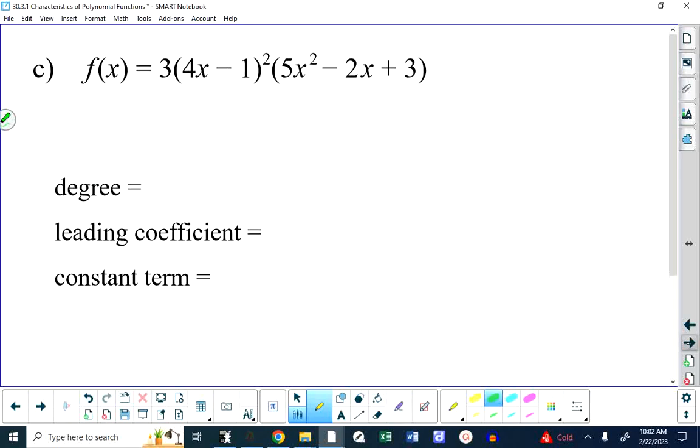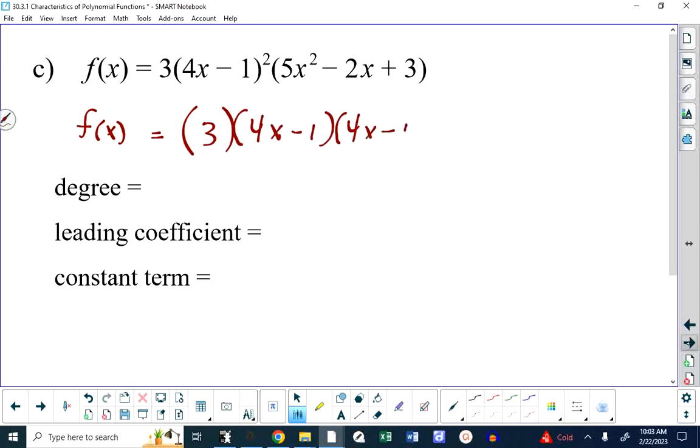For example, with this one, what does this mean? This means f of x is 3, and I want you to rewrite this and put the 3 in brackets. Remember, if you can put something in brackets and multiply it, that thing is a factor. And then 4x minus 1, and 4x minus 1, and 5x squared minus 2x plus 3.